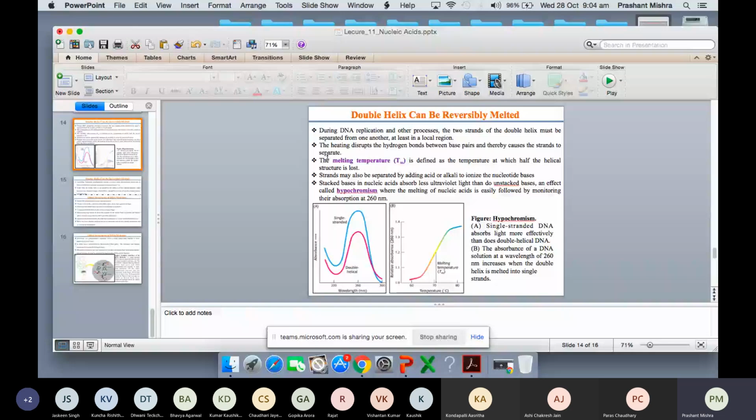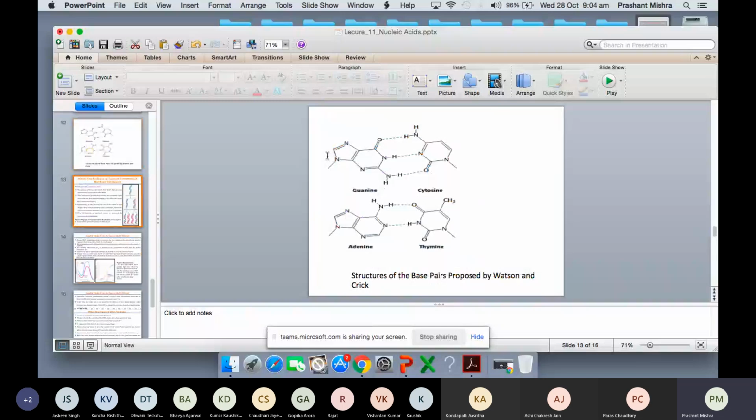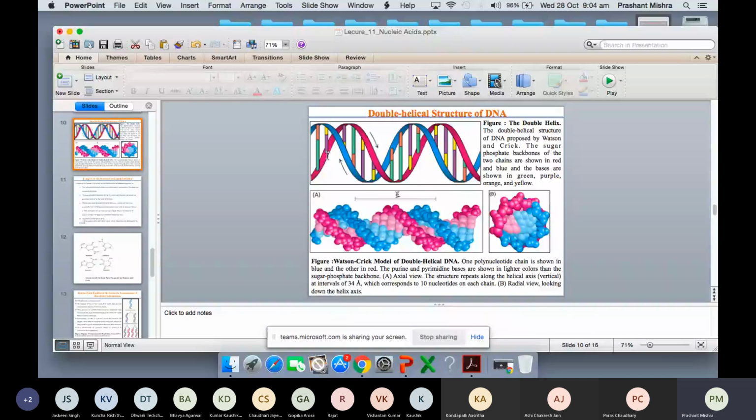You have learned the model which was earlier given, and it's well known as the Watson-Crick model, where you have learned the complementarity of the structure, where one strand is complementary to the other strand.